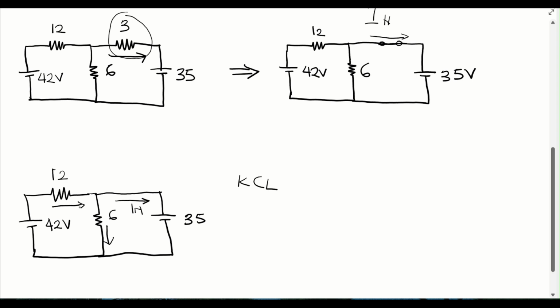So if we are using KCL, we know that if the current over here is I1, the current over here, according to KCL, is going to be the IN plus the I1. We are going to use KVL to find the current over here.